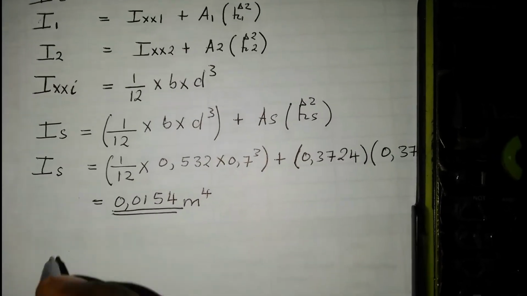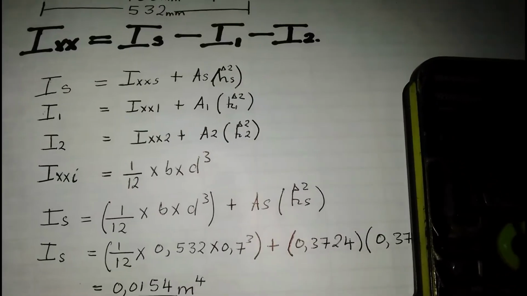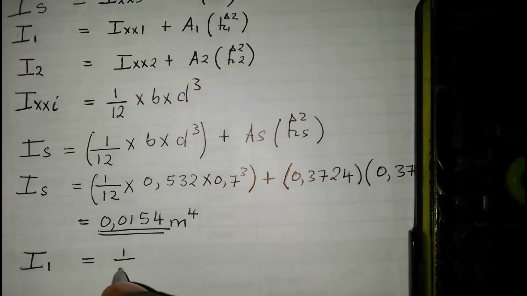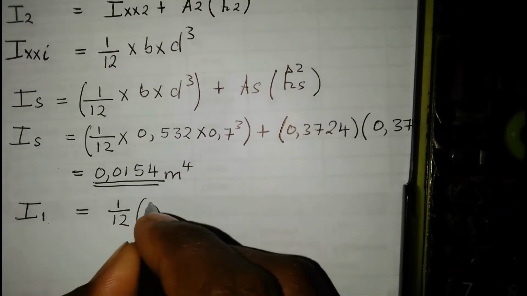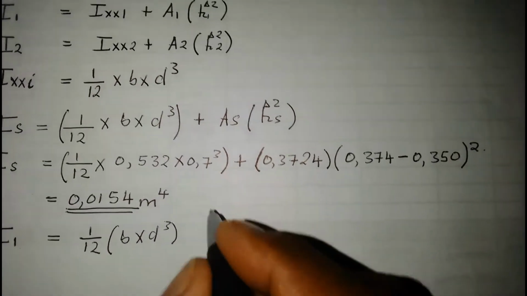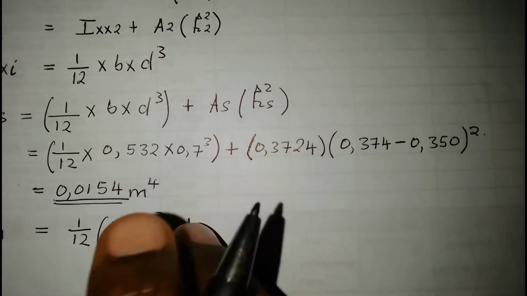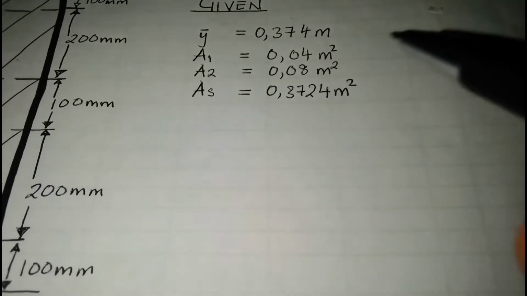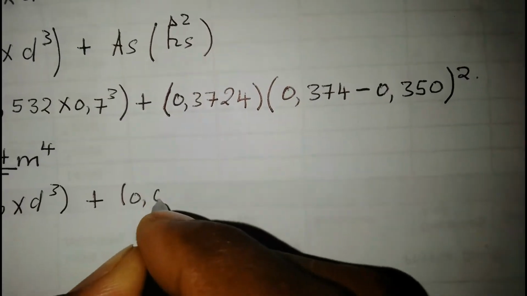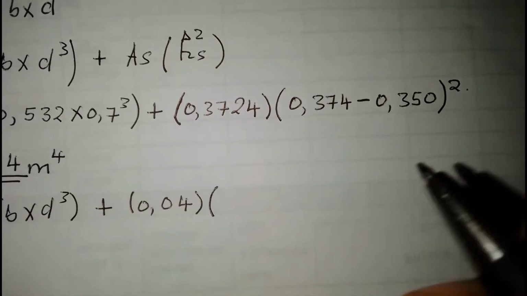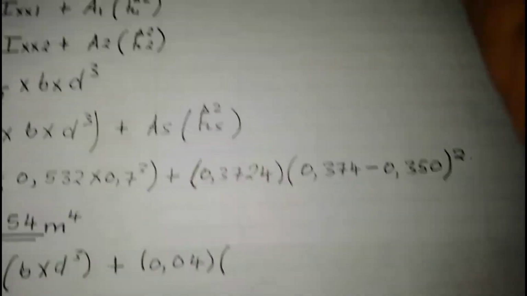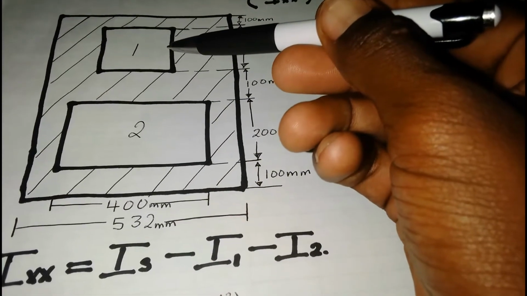Now we're moving on to I for 1. We say it's equal to 1 over 12 with the base and the cube of the height, and we're going to add the area for 1. The area we got from the given information is 0.04. I'm going to multiply it with the difference between the midpoint from the base to the midpoint of this square and the centroid.